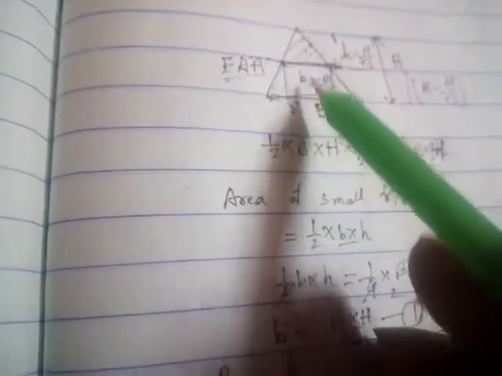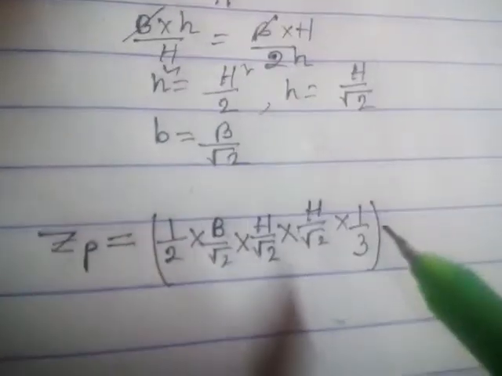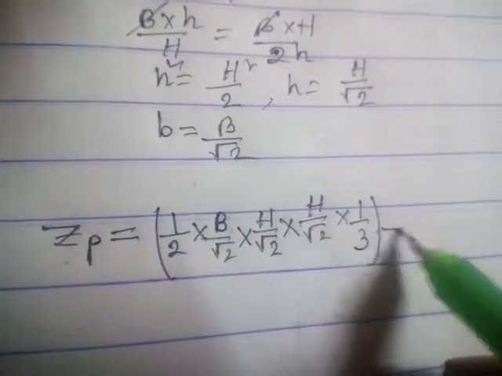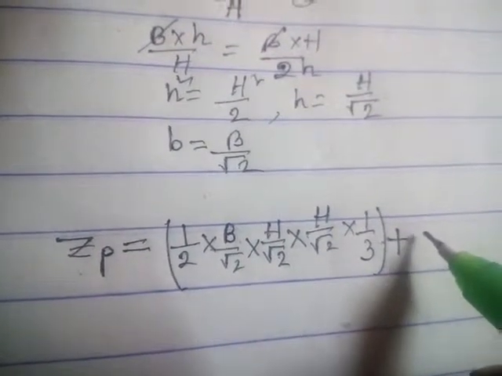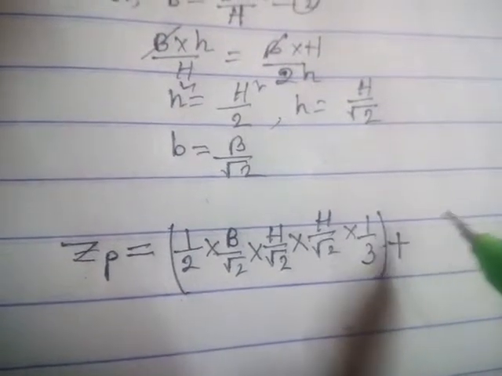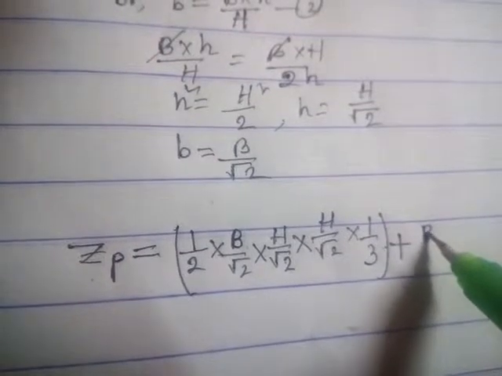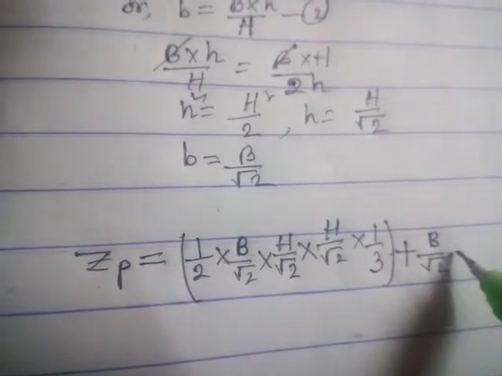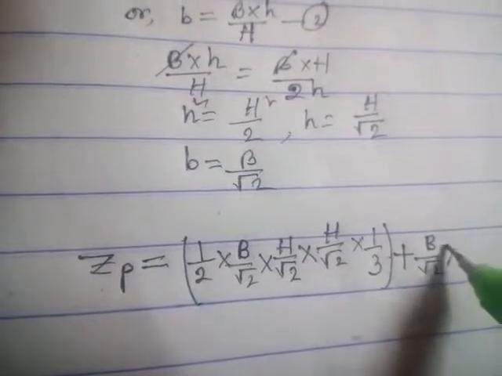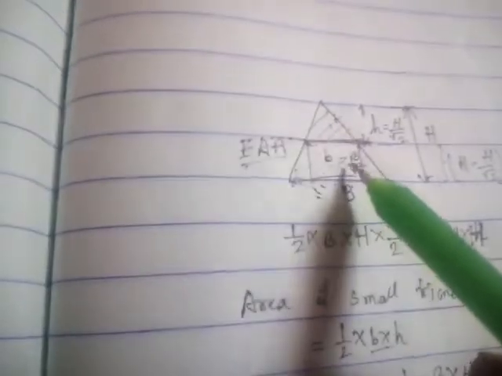Now for this rectangular section, the area is given by the base, which is B by root 2, into the height.